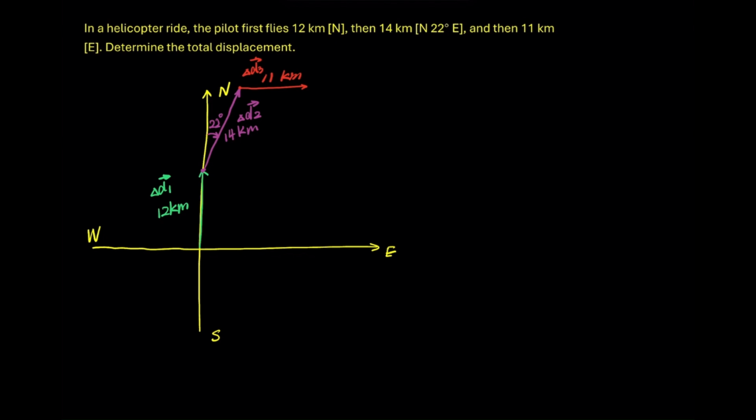To find the helicopter's total displacement, we need to add all these vectors together. To add these vectors, we just draw one final arrow that goes from our very first starting point to the tip of the last vector. This new vector is the total displacement.